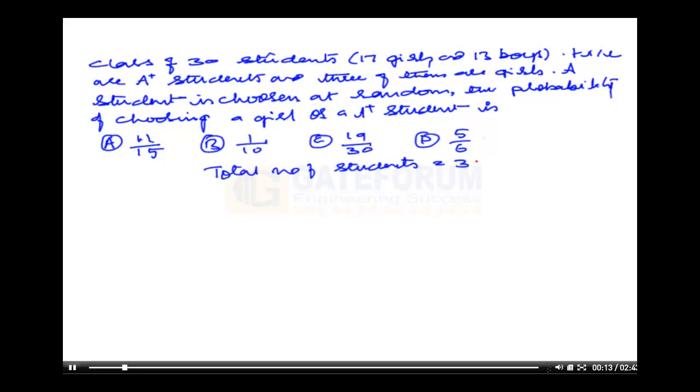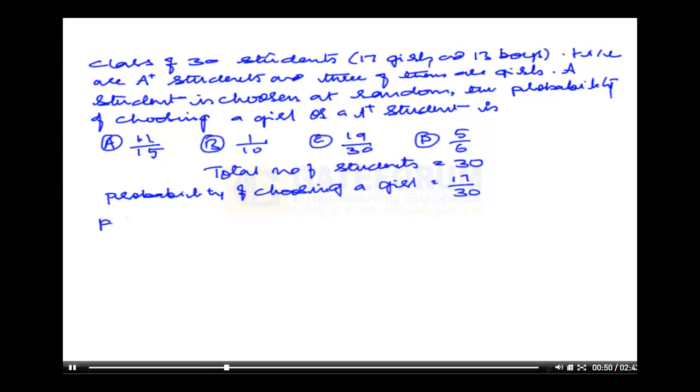The number of students given is 30. That means 17 girls plus 13 boys. Out of them, 5 are A plus students and 3 of them are girls. We have to find the probability of choosing a girl or an A plus student. So let us say the probability of choosing a girl is 17 by 30.